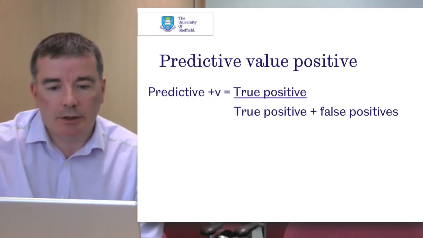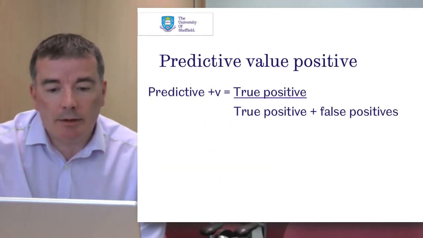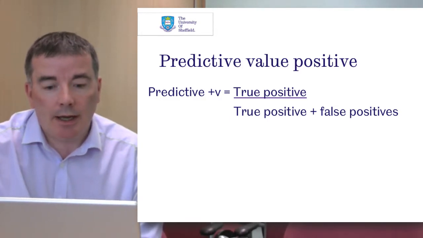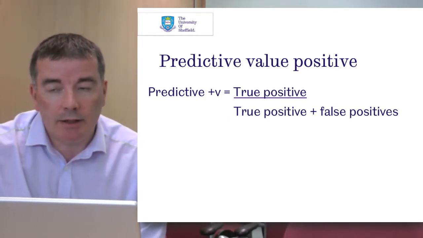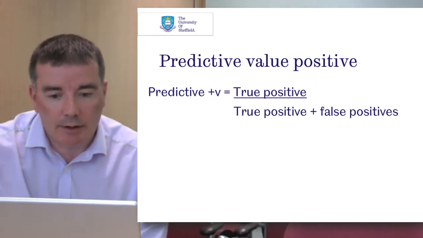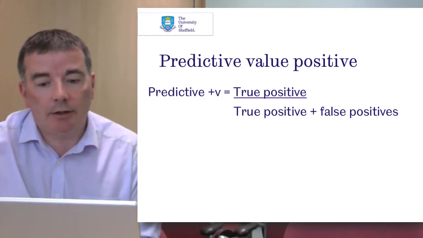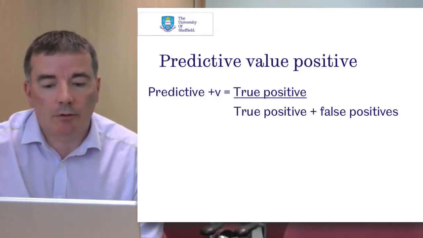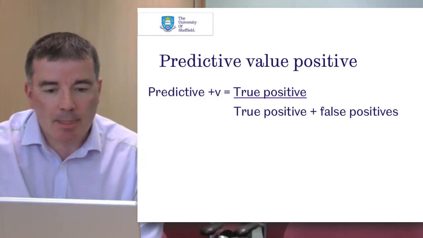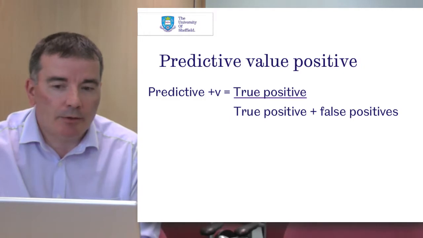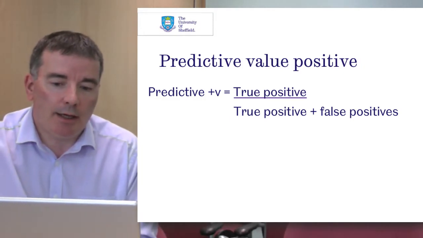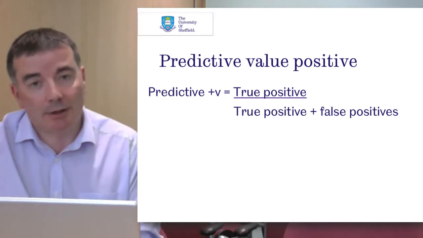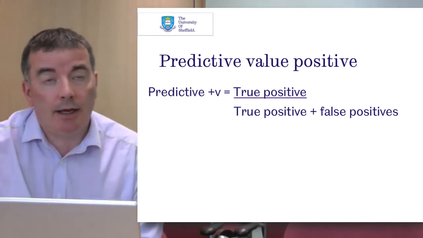Predictive value positive is the odds that, when the test says you've got the disease, you actually have the disease. And that's calculated by true positives over true positives plus false positives. A good example of this used in everyday life, or almost everyday life, is a pregnancy test.